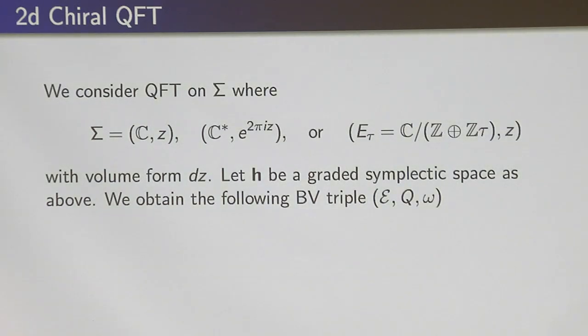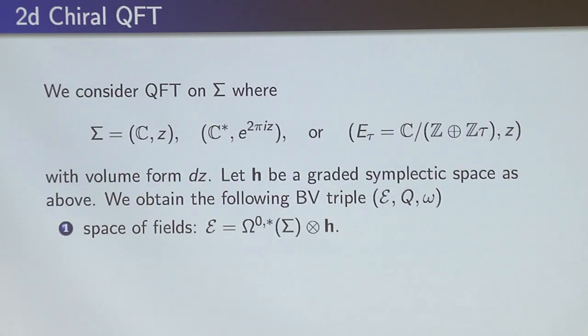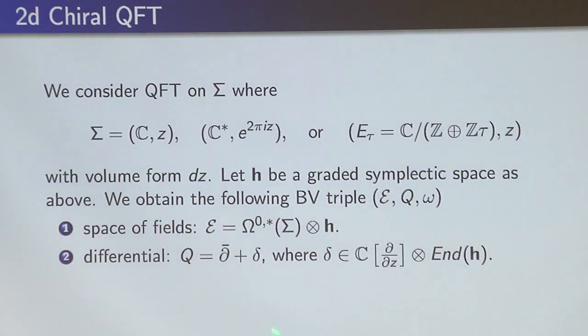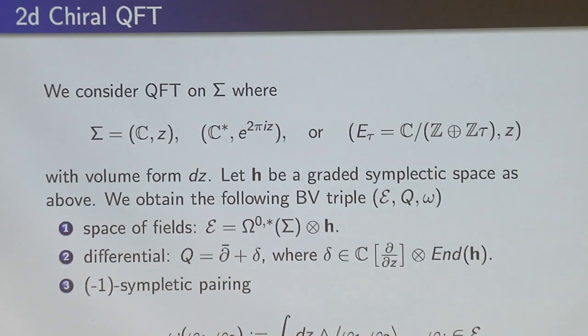Then we can get the following triple, the BV triple. First of all, the space of fields is given by the Dolbeault complex on this surface valued in this H. The differential is given by a d-bar operator plus some kind of holomorphic differential operators. And then you have a -1 shifted symplectic pairing.